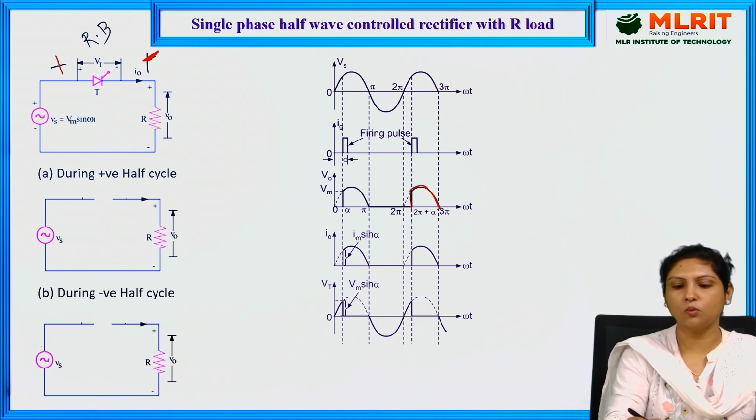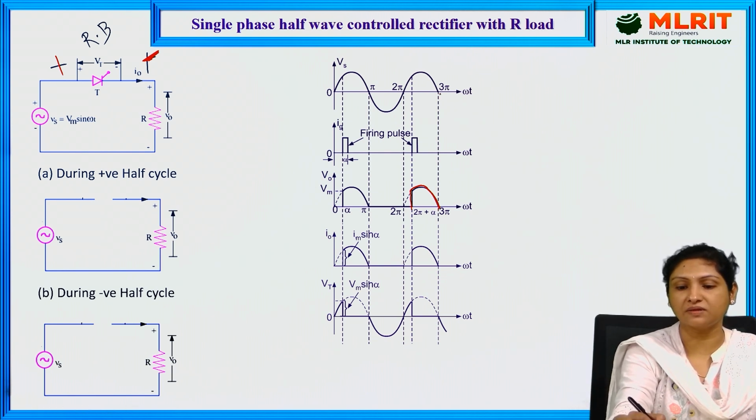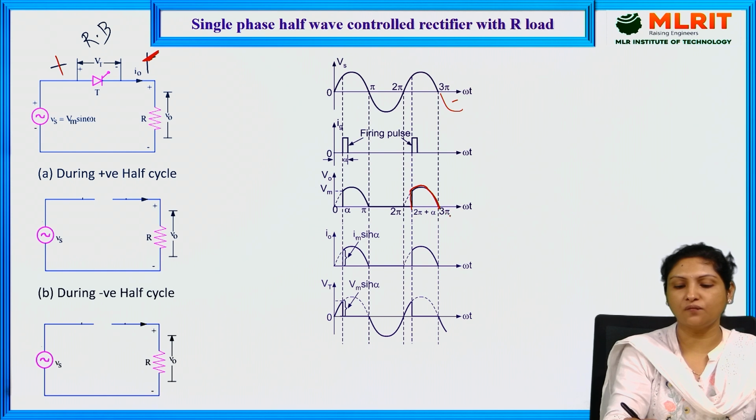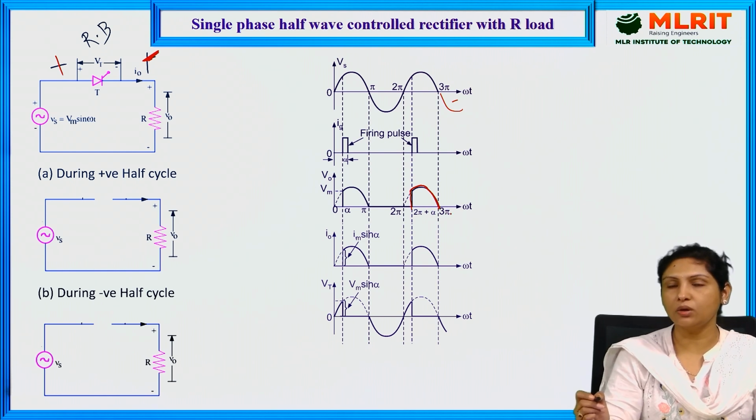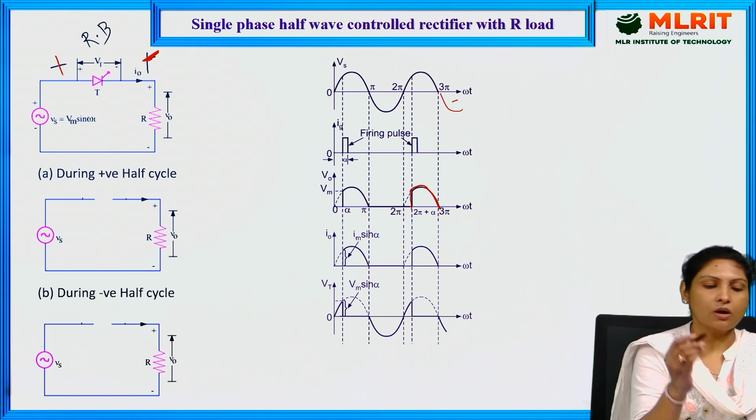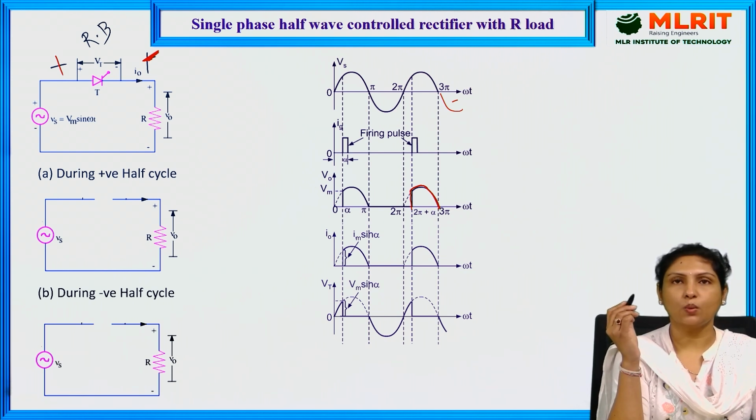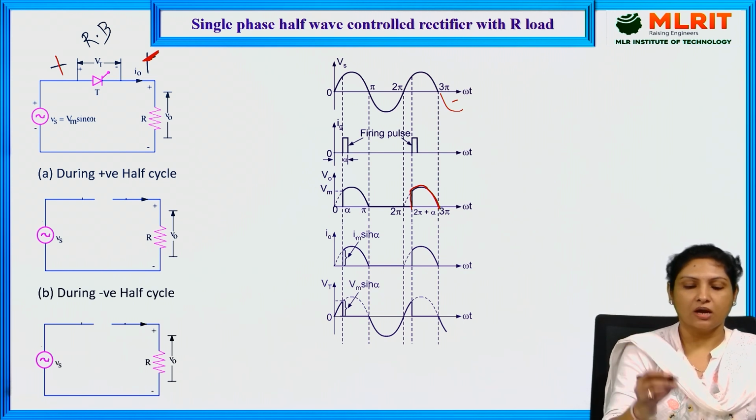The moment it reaches 3 pi, the negative half cycle starts, and the thyristor is now in the off condition.